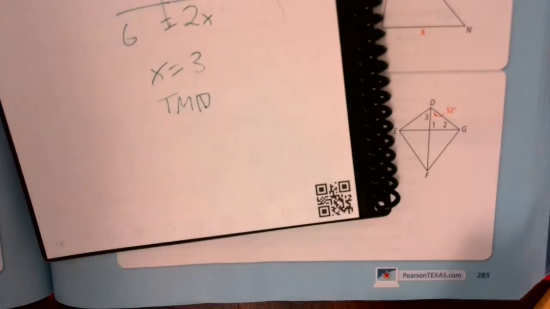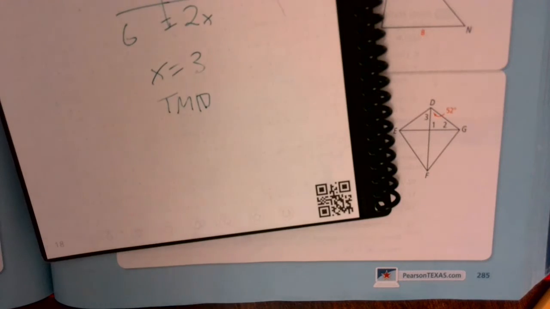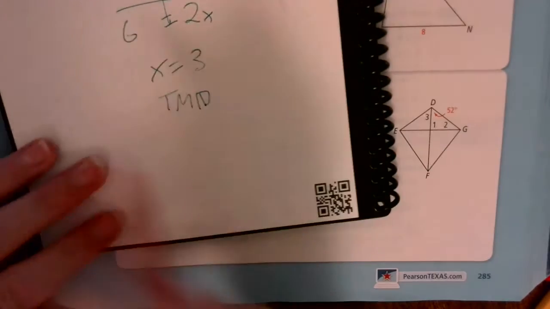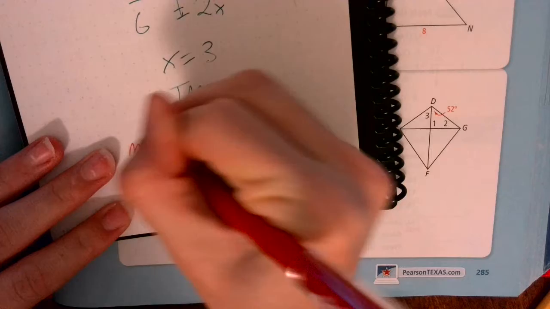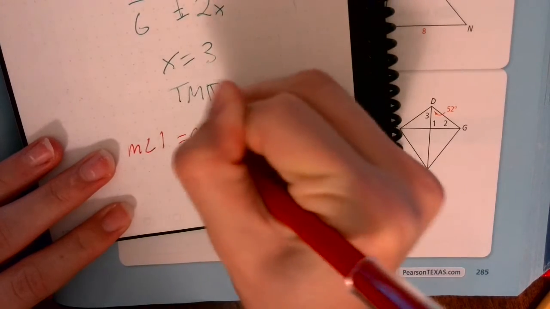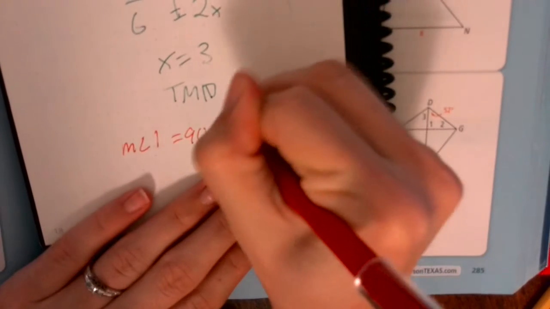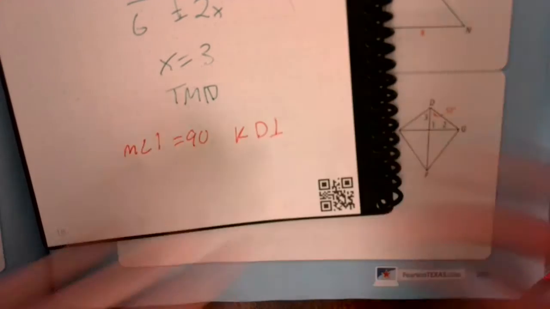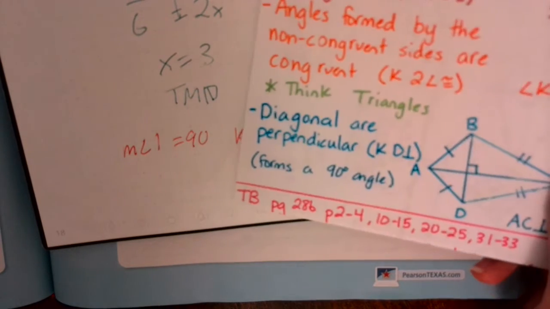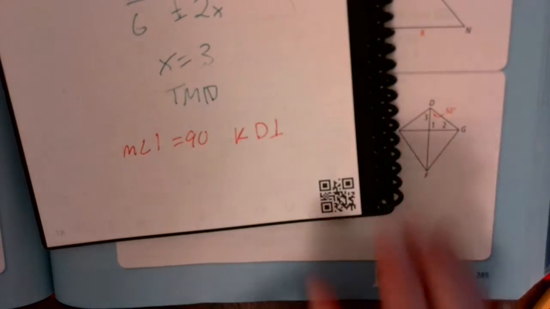So I could say right here, different color, measure of angle 1 equals 90, and that was because kite's diagonals are perpendicular. Okay, that abbreviation's on there for us.